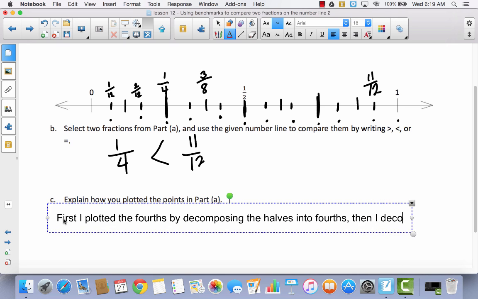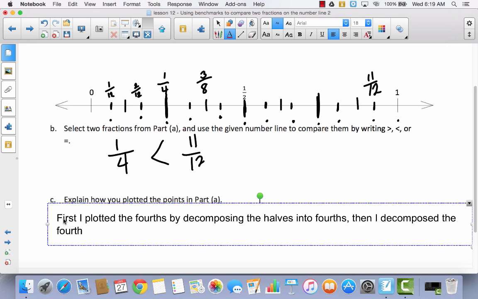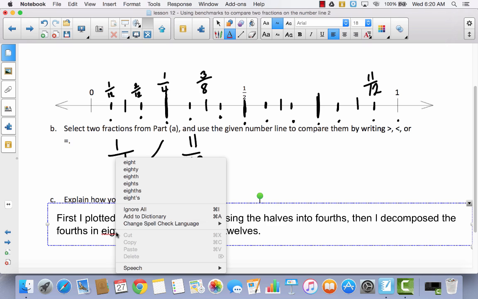Then I decomposed the fourths into eighths, and then again into 12ths. Doesn't like this eighth. Maybe I didn't spell it right.